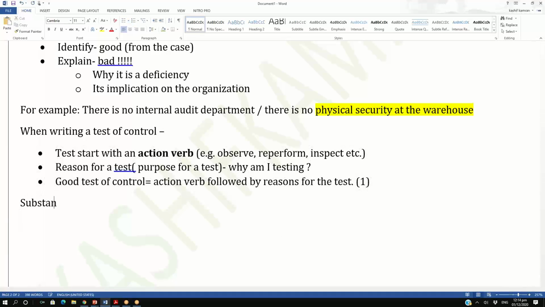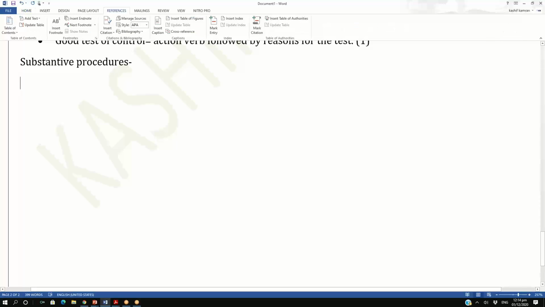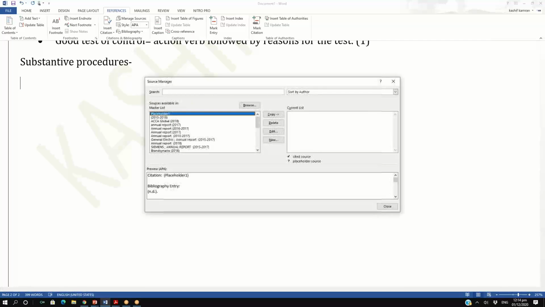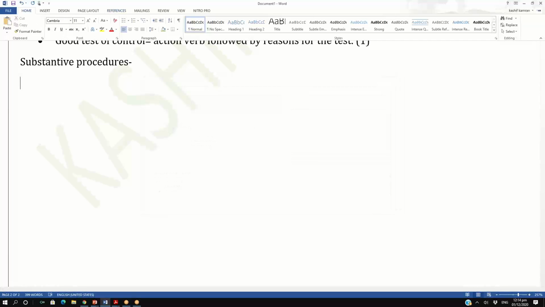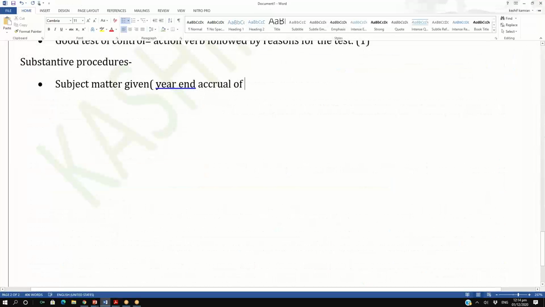Remember a rule here. Whenever in the AA paper you're making substantive procedures, you have to follow some rules. First of all, whenever the examiner gives you a substantive procedure, you will have a subject matter to make a substantive procedure on. In this case, the subject matter given is the year-end accrual of the employment tax payable.